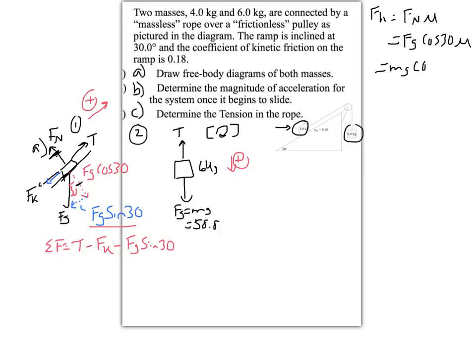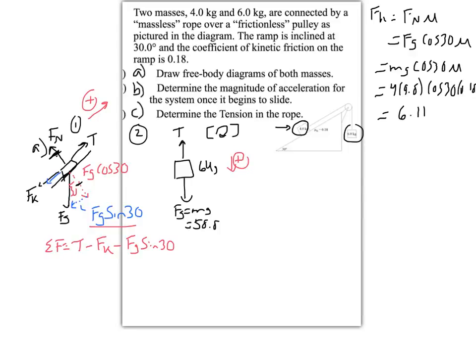So mg cos 30 times mu. The mass is 4, so 4 times 9.8 cos 30, and we know mu is 0.18. Running out of room here. Anyways, when you do all that, you get an Fk value of 6.11.